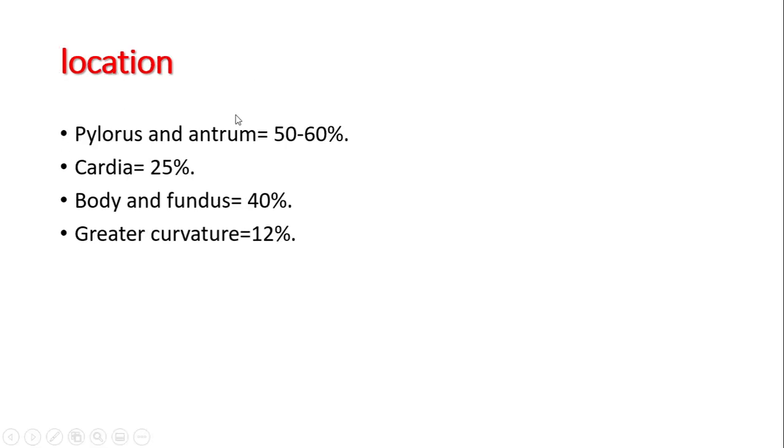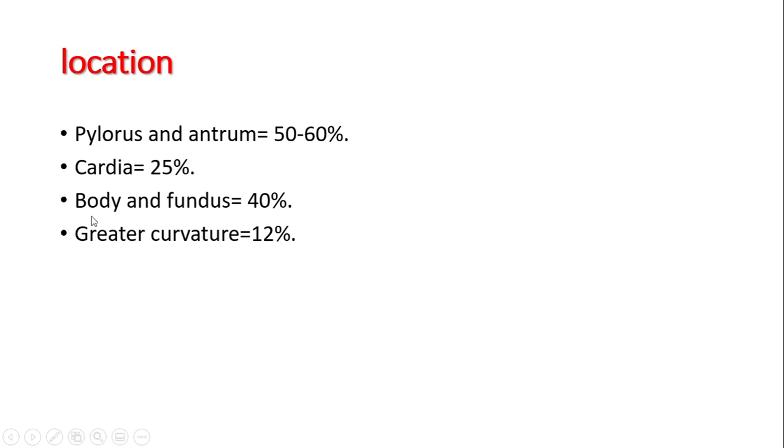Location: the most common location is the pylorus and entropyloric region. This corresponds to the location of antral gastritis, a special feature of H. pylori gastritis. The cardia can be involved in a lower percentage, with risk of extension to the lower esophagus and the wall of the esophagus.